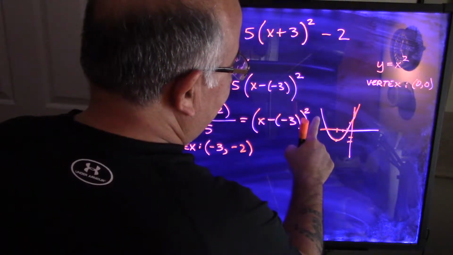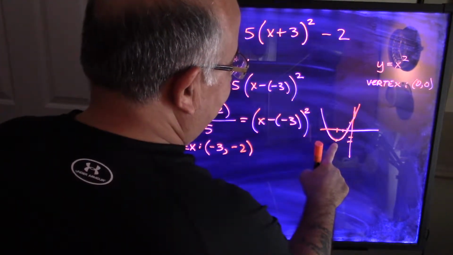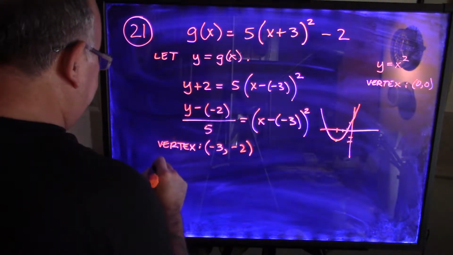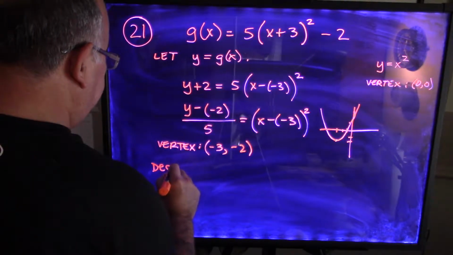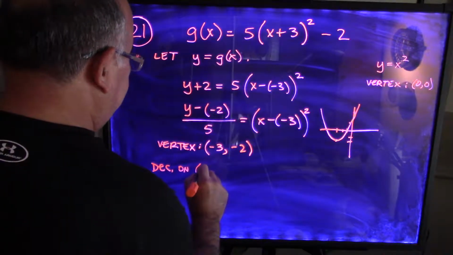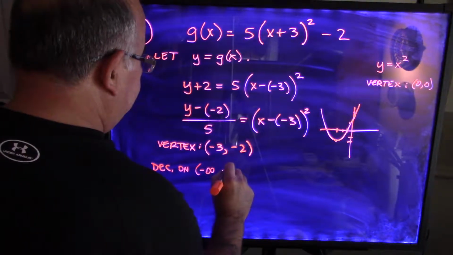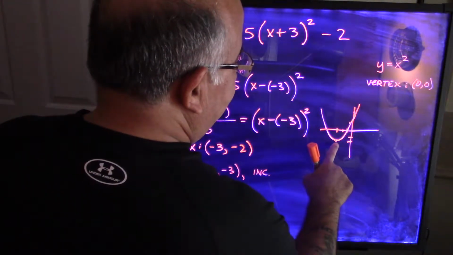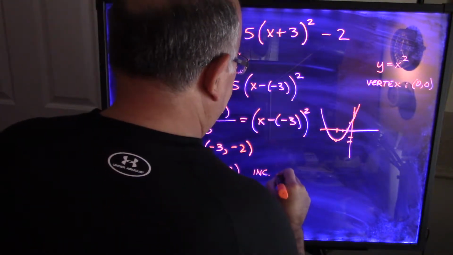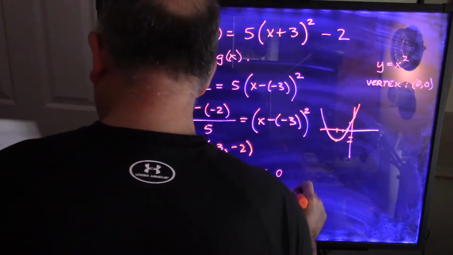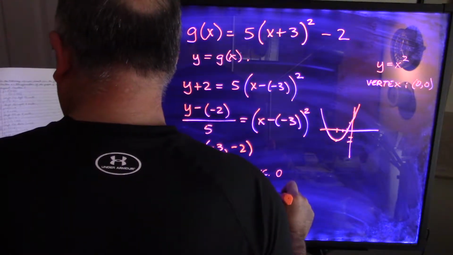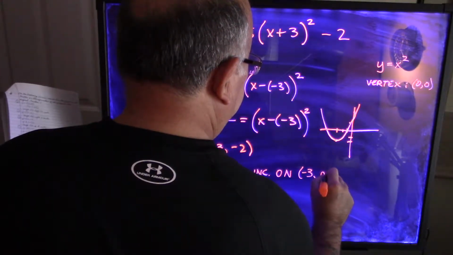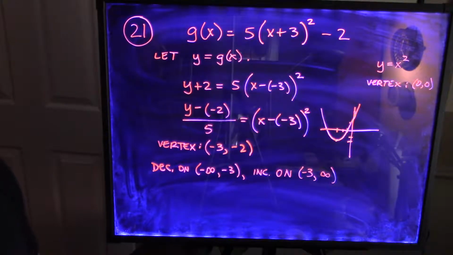It's decreasing from -infinity to -3, and then it starts to increase. So it's increasing on -3 to infinity.